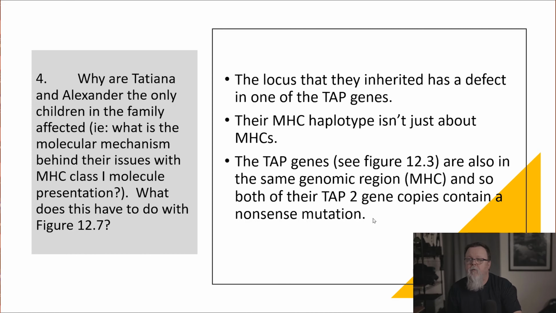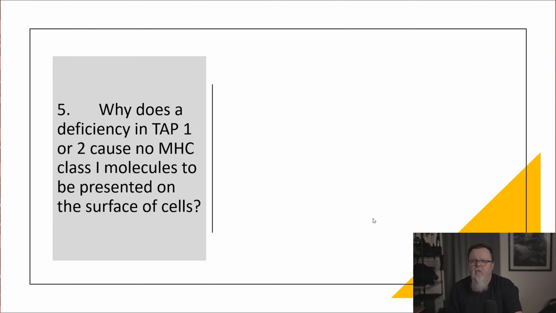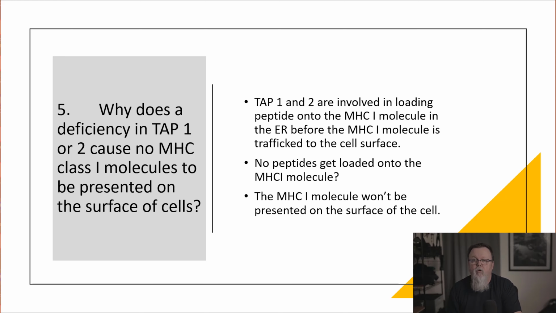So with these deficiencies in these transporter proteins, TAP1 and TAP2, that form a heterodimer in the ER, and MHC class 1 is loaded in the ER lumen with these peptides. Since there's this mutation in TAP2, then MHC class 1 does not receive these peptides, and so it does not get expressed on the outside of the cell.